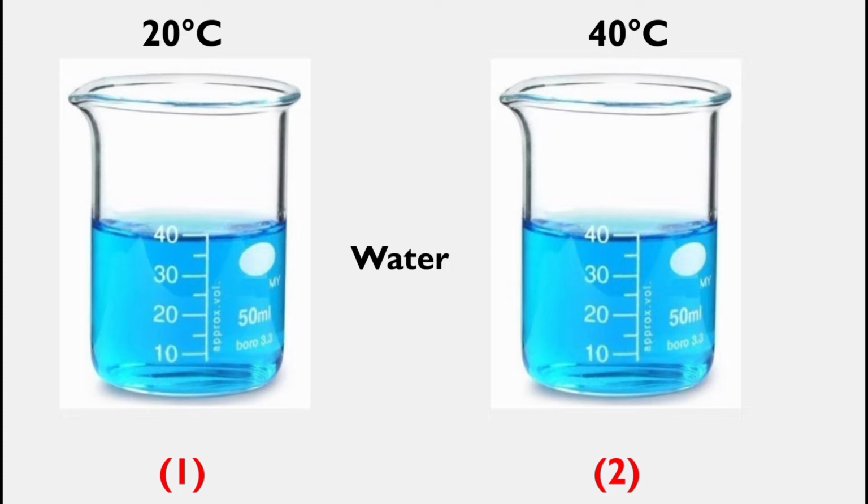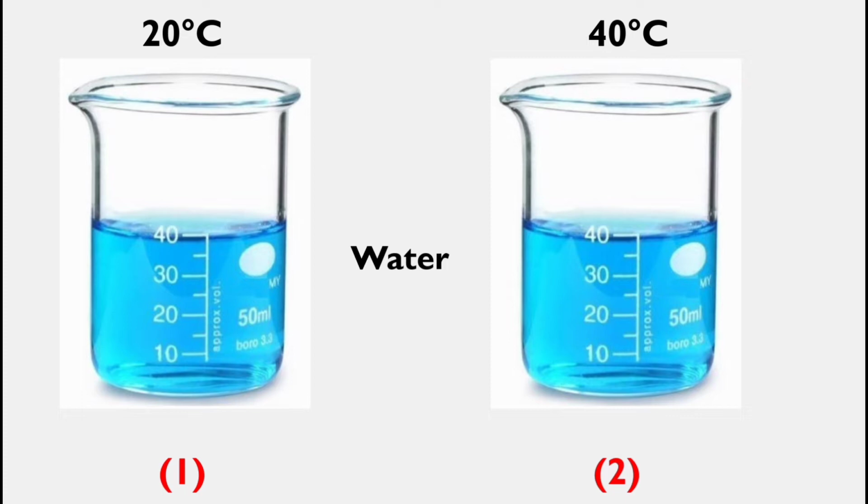Again in the second step I'm going to take the same amount of 40 milliliters of water in a beaker and heat it by 40 degrees temperature using the same source of heat.